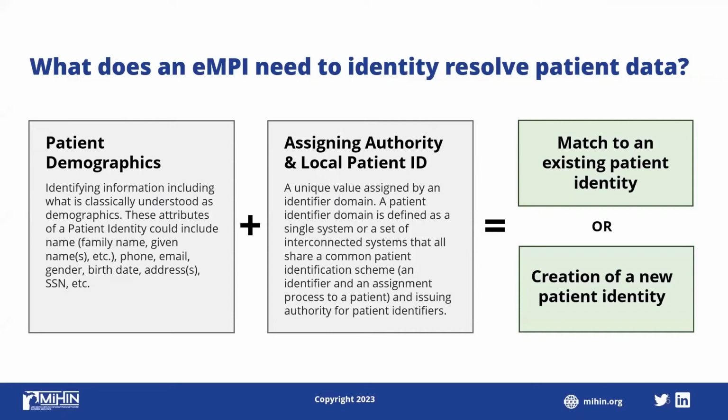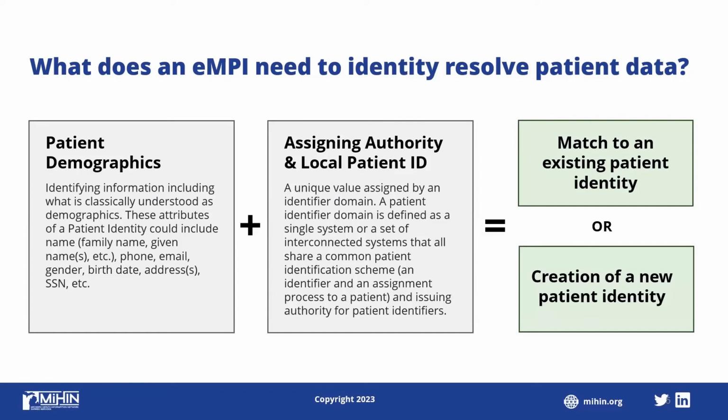We can't get consistently great demographics every time, and we can't get a global identifier from everybody all the time. But we can make a hybrid solution where we evaluate if we have a known local identifier that we can cross-reference into our EMPI to find the other identifier, the common key, or if we have really good demographics, we can use that to score it and match it and get the identity. That's what we need to do.